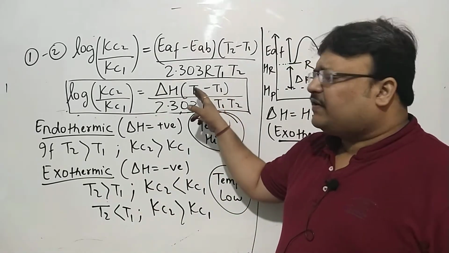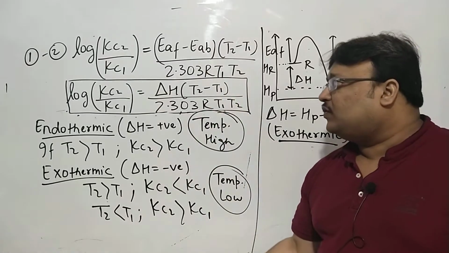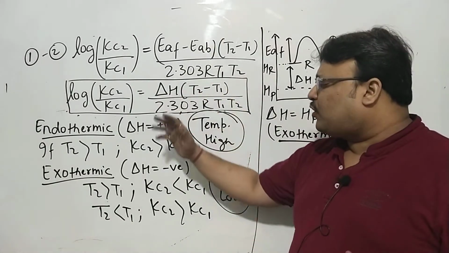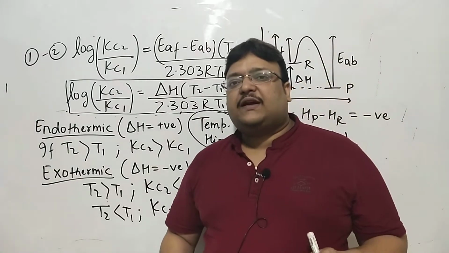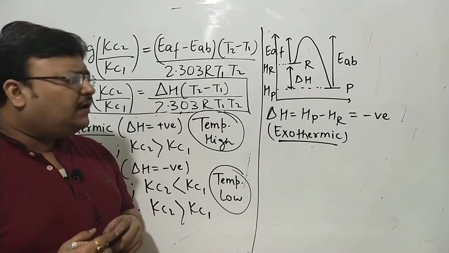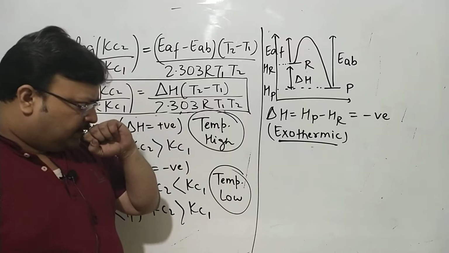If the temperature is lowered, final temperature less than initial temperature, two negatives will become positive, and in exothermic temperature should be kept low. For more yield, here temperature should be high, exothermic temperature should be low.